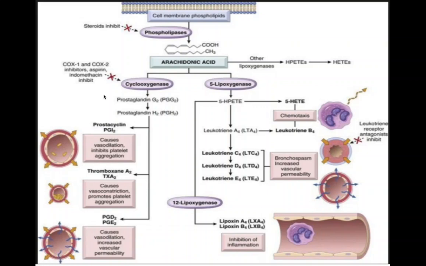But if we take COX-1 and COX-2 inhibitors or aspirin, these are going to block the COX enzyme so that the person is not in an inflamed state. These COX-1 and COX-2 inhibitors block the inflammatory pathway. They inhibit all of these things from happening on the left-hand side.